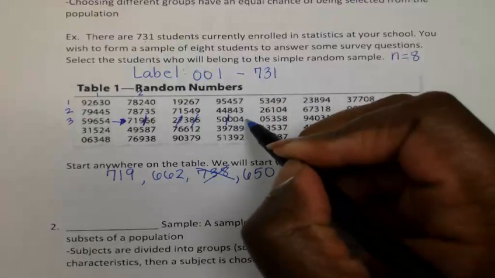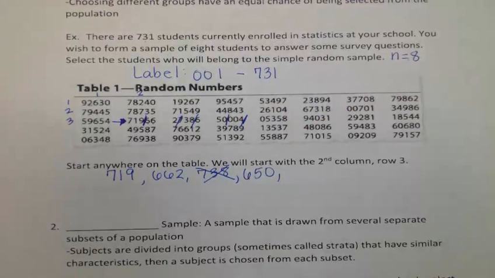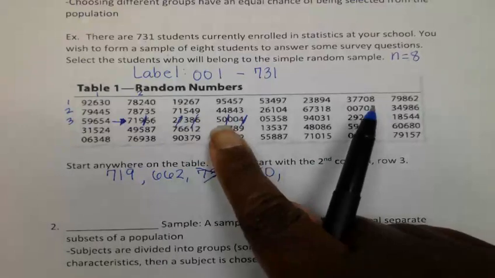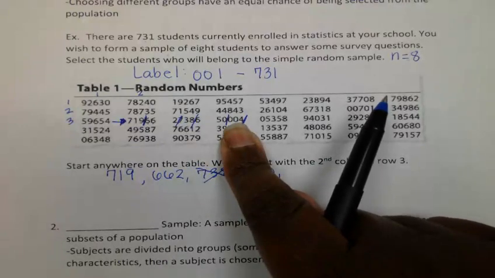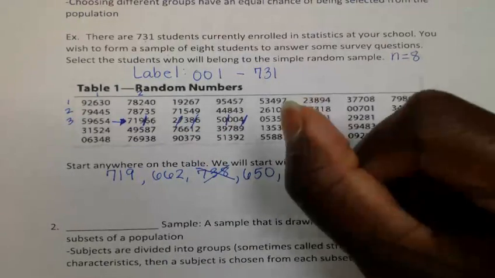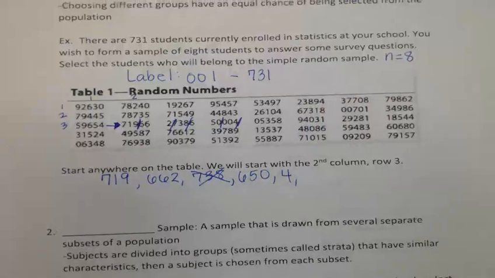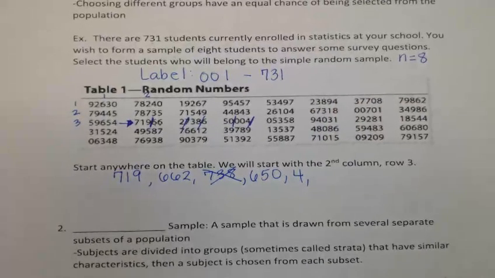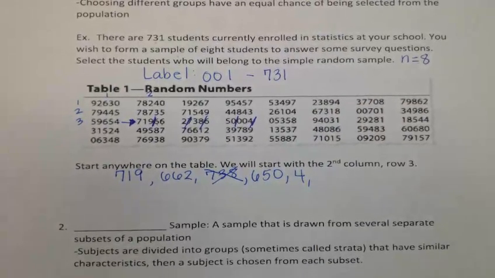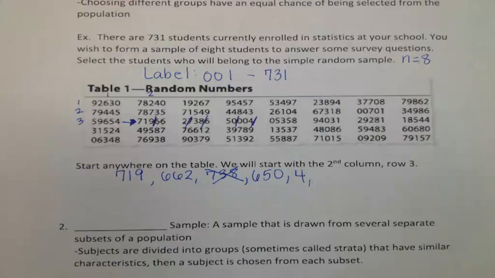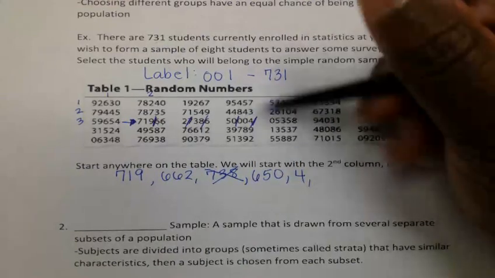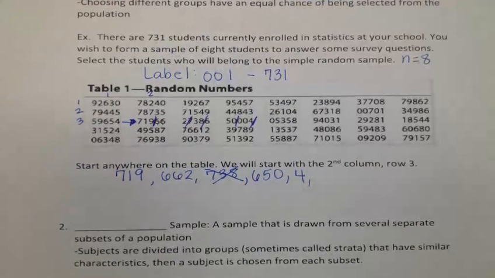Next student, 004. So again, 004, I'm not going to call them student number 004. I'm just going to call them student 4 because they're not going to know what in the world I'm talking about. I know because I'm running an experiment, but they won't know. So 004 is actually student number 4.